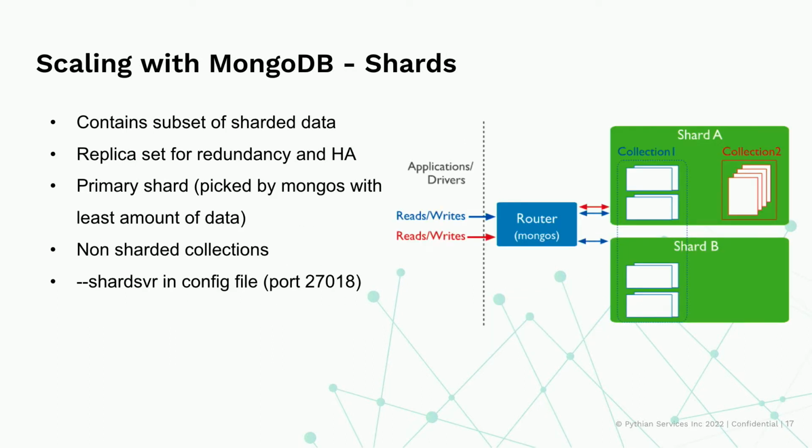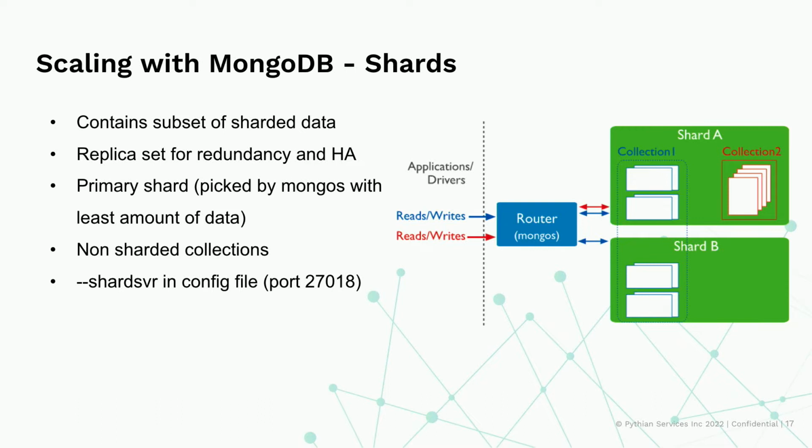So the sharded cluster is composed of shards, mongos, and config servers. The shards are basically where your data is saved. Every database has its own primary shard. And that's decided when you create a database on a sharded cluster.